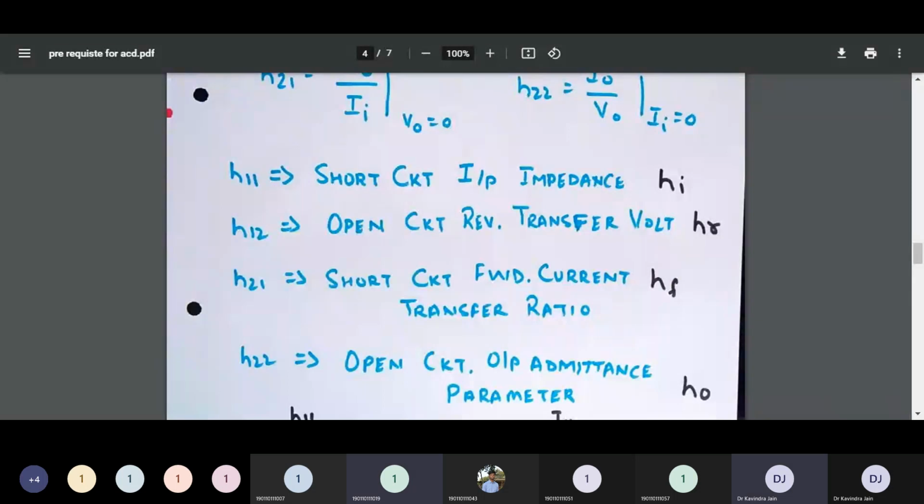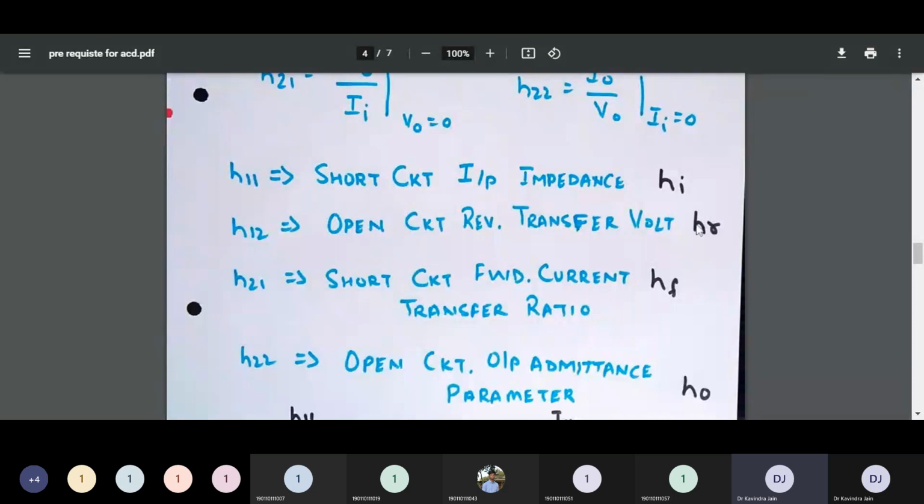Now this needs to be seen carefully because if we are talking about any particular kind of configuration, for example, if I talk about CE configuration, then the subscript of the common configuration gets attached to all of these subscripts. That is, if I talk about CE configuration, this becomes Hie.